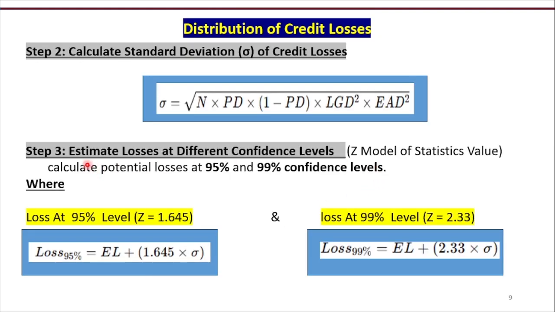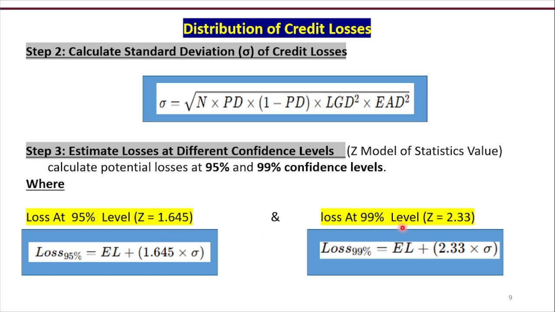Okay, the third step is to estimate losses at different confidence levels. We are going to estimate the losses with the help of the Z value from statistics. We calculate the potential loss at the 95% and 99% confidence levels. Loss at 95%, the Z value is 1.645.